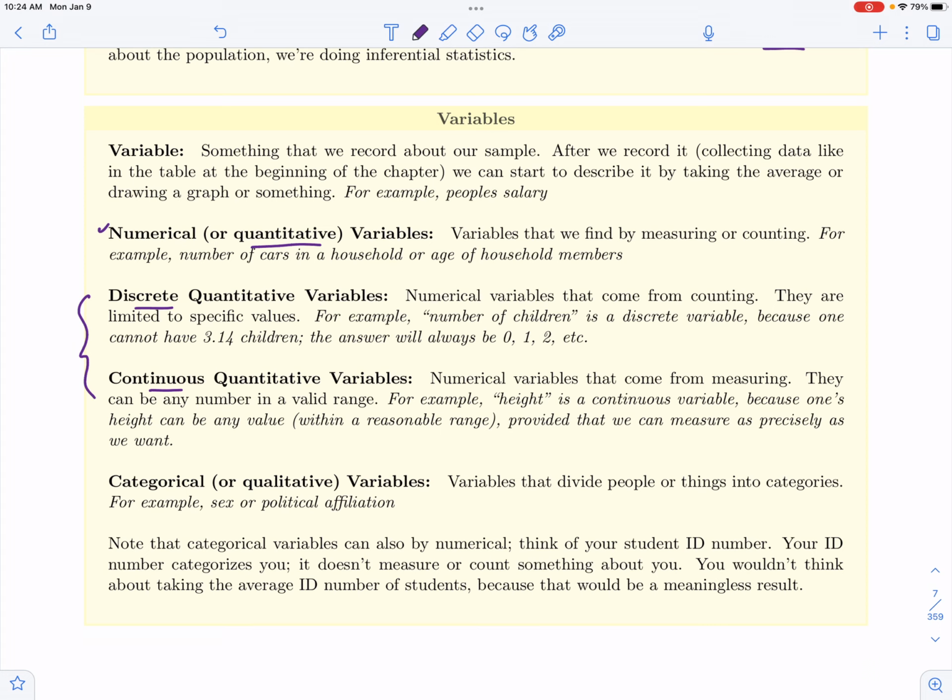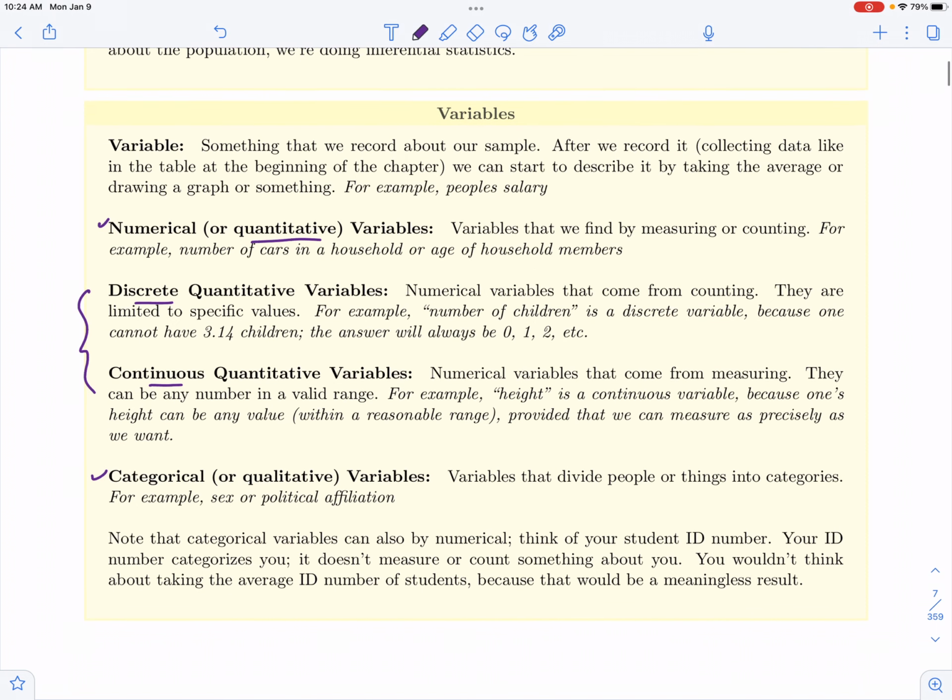If something isn't numerical, then it's going to be made up of letters, for example, or some categories. Categorical variables are ones that divide people into categories. If you think about grades, for example, we've got A, B, C, D, and F. Each of those could be a category, and we can describe people's test grades based on those different categories.